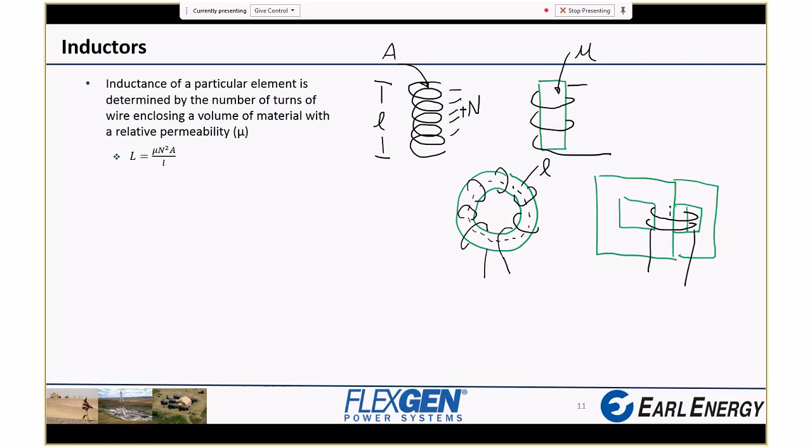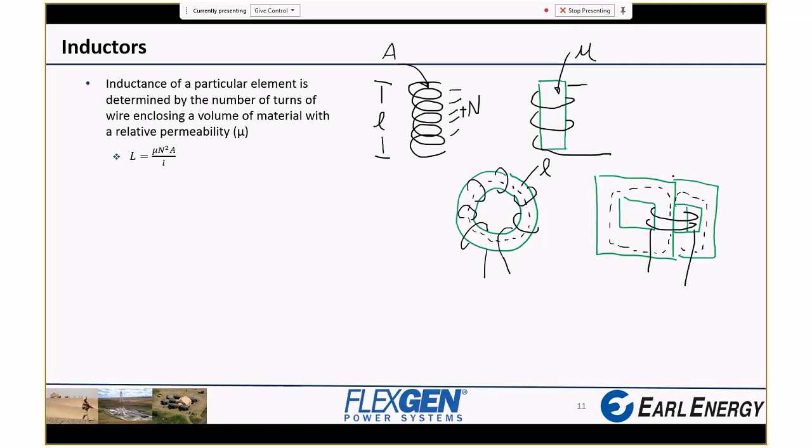But now the magnetic path length is all of this business. So this is why I was saying that with this equation we're assuming this kind of geometry. This equation applies to both this solenoid and toroid kind of winding. It does not apply so directly here.